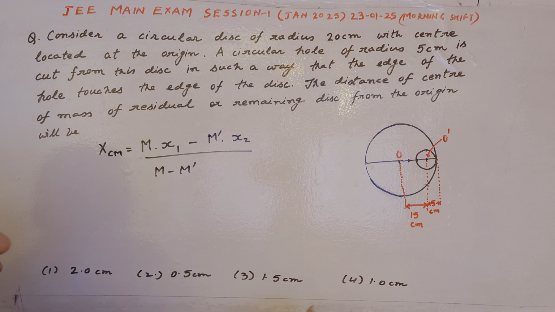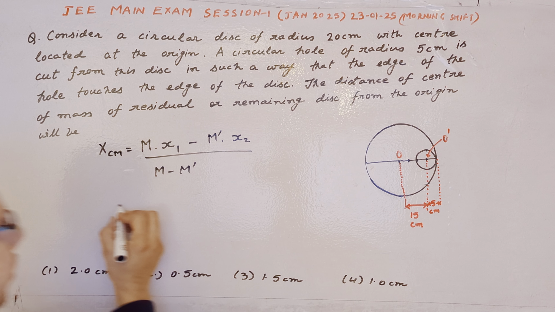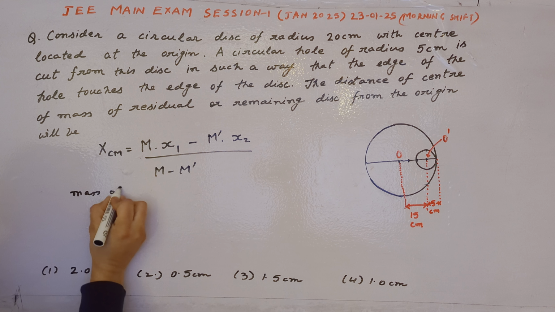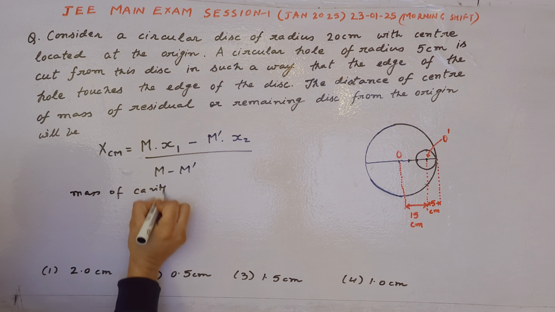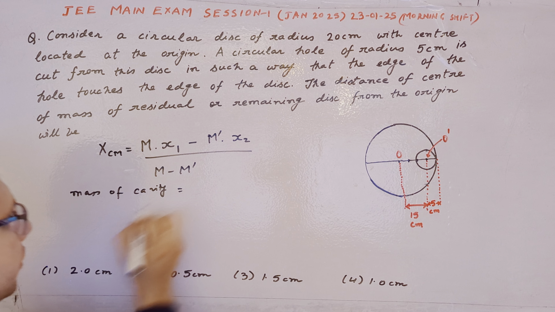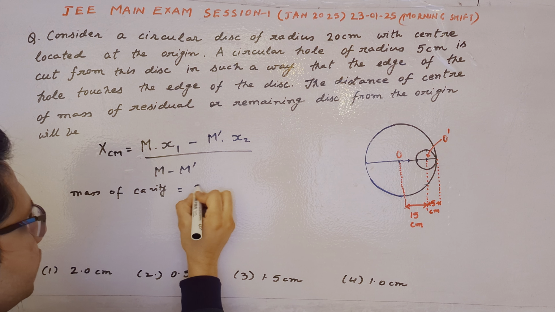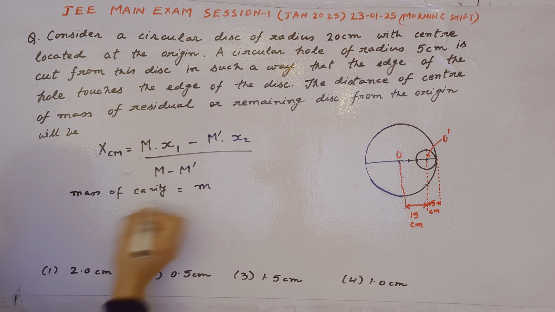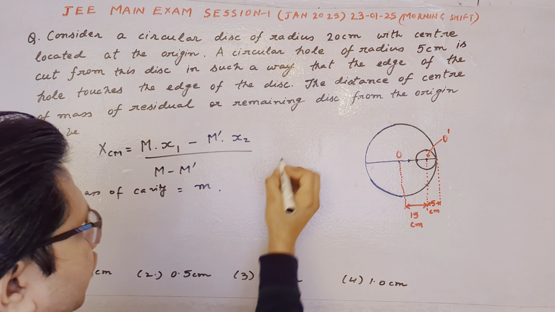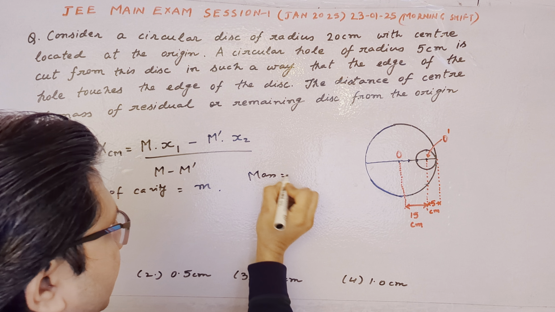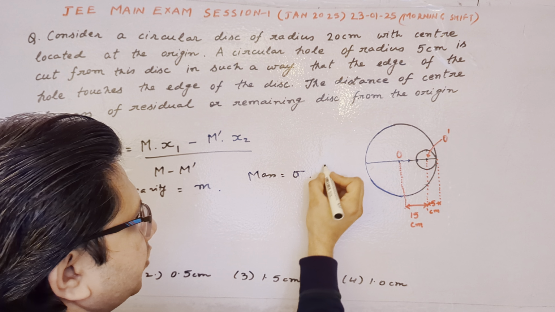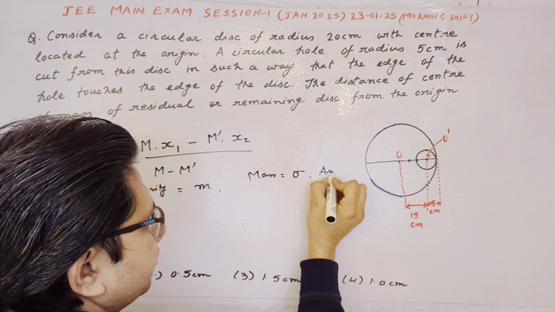Now let us assume that the mass of the section for the creation of cavity is equal to small m. Now we know the formula that mass is equal to the surface mass density multiplied by the area.